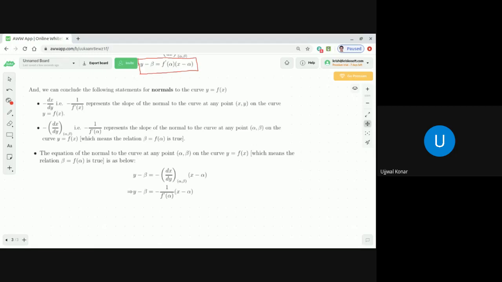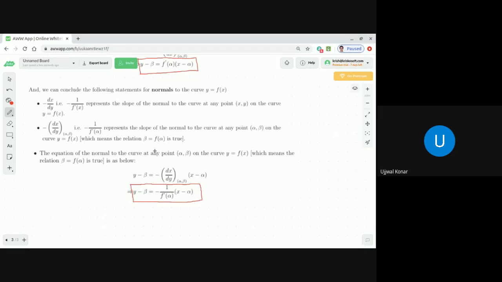So what we can say is that this equation, y minus beta is equal to minus 1 by f dash alpha into (x minus alpha), is the equation of the normal to the curve y equal to f(x) at the point (alpha, beta) on the curve.